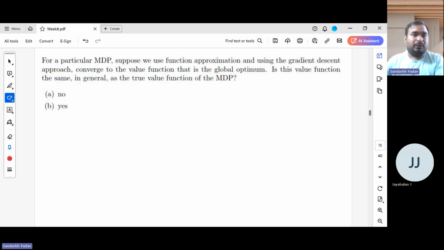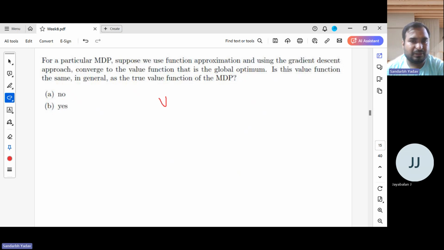So for a particular MDP, suppose we use function approximation and using the gradient descent approach converge to the value function that is the global optimum. Is this value function the same in general as the true value function of the MDP?